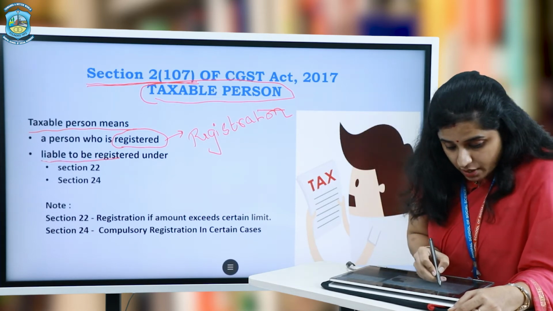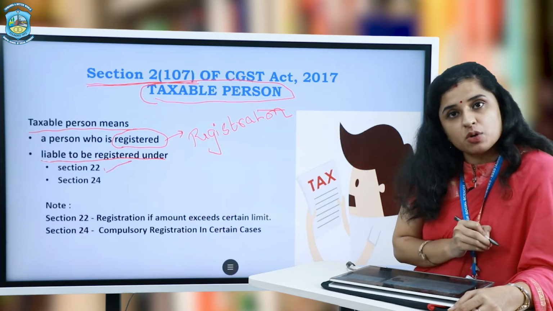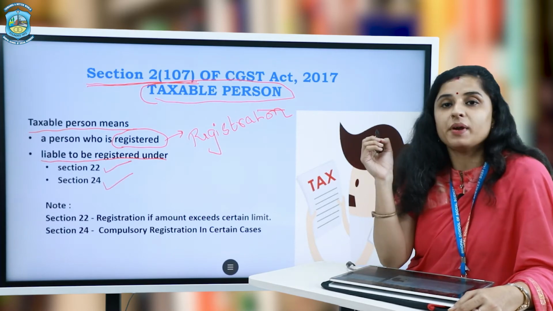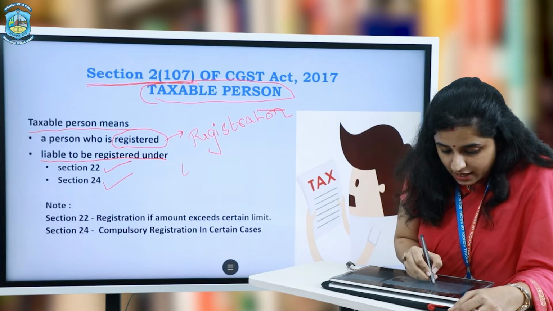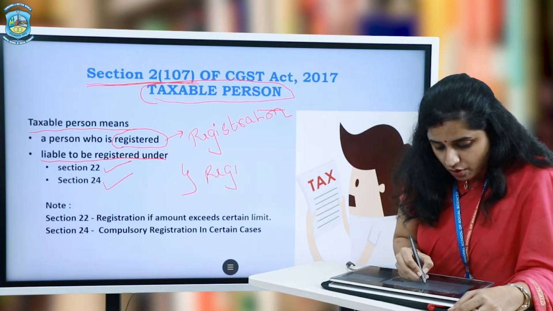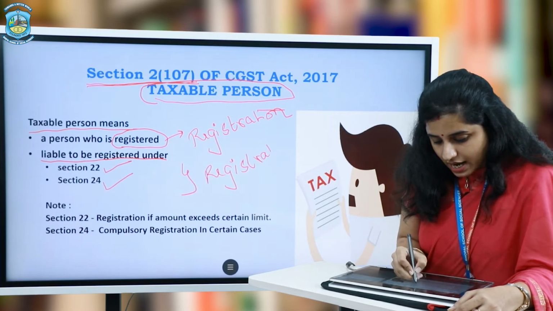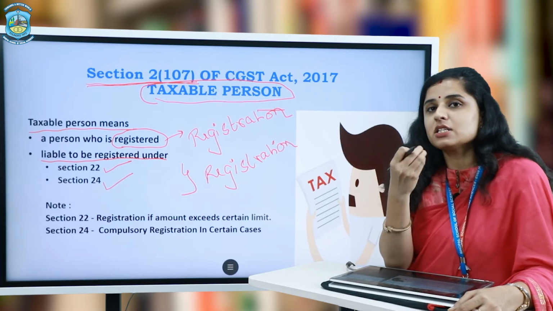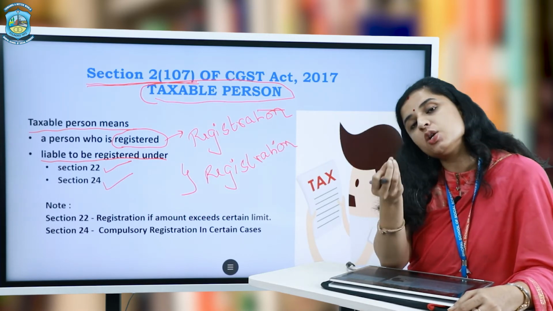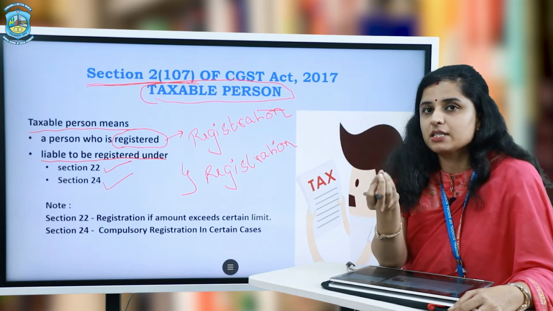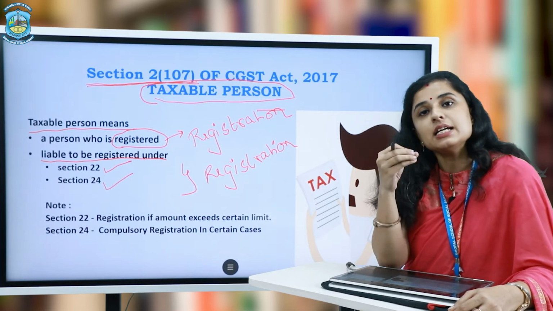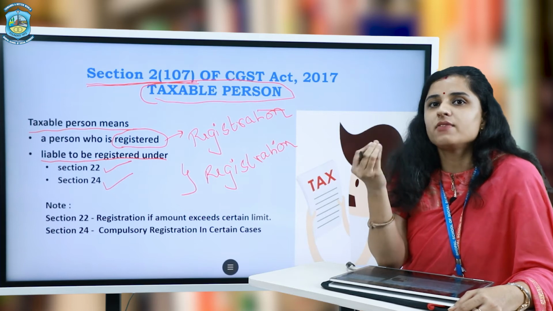Next is a person liable to be registered either under section 22 or under section 24. This we will discuss in detail in the chapter on registrations. Presently, just for a brief understanding, section 22 gives us the ceiling limits, that if your turnover exceeds a certain limit, you need to get yourself registered.